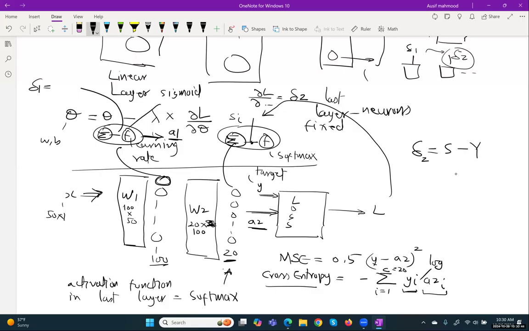So when I'm asking what the delta is in this layer, which I'm calling delta 1, try to relate it to the delta in the next layer, which we called delta 2. What's the relationship between delta 1 and delta 2?